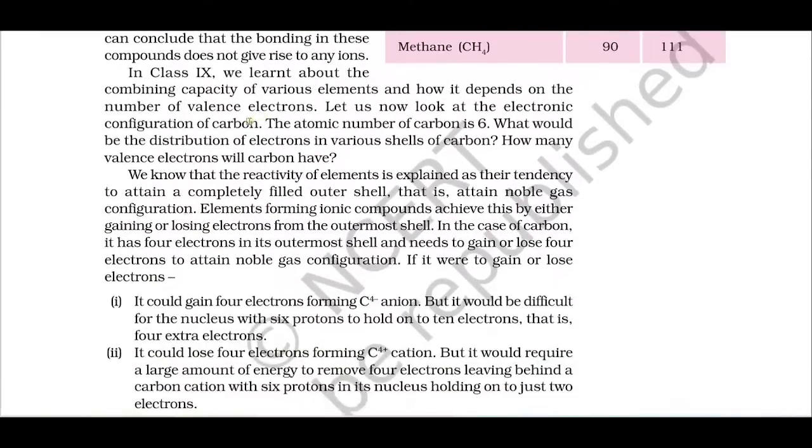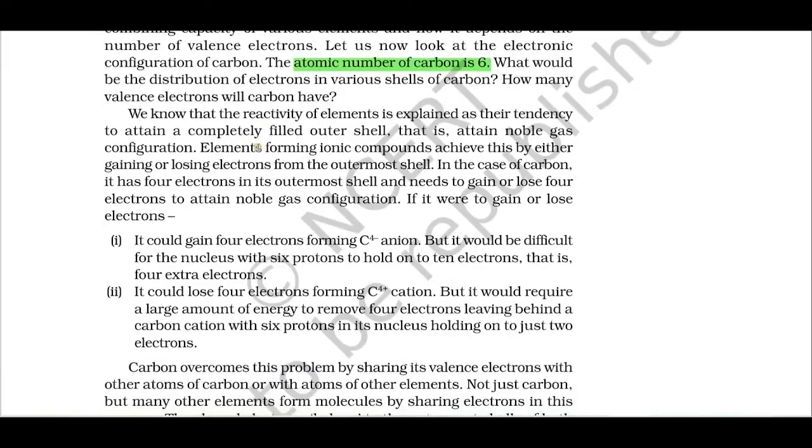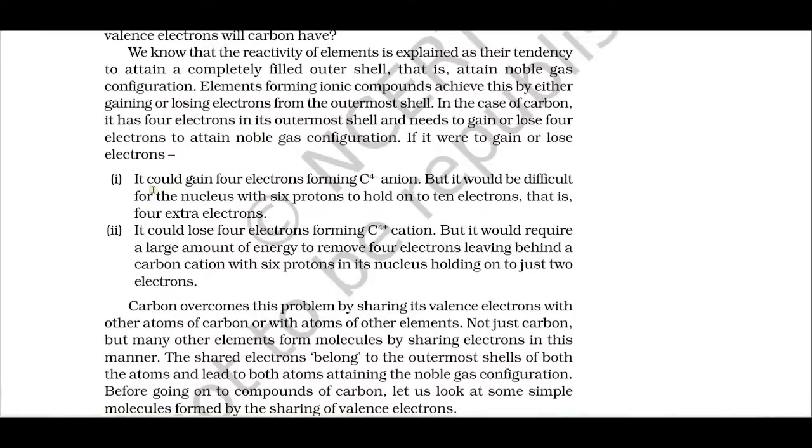Next, the atomic number of carbon is 6. That means it has a valency of 4. It cannot gain 4 electrons or lose 4 electrons. Instead, it shares 4 electrons to form a covalent bond. Why can it not gain 4 electrons?